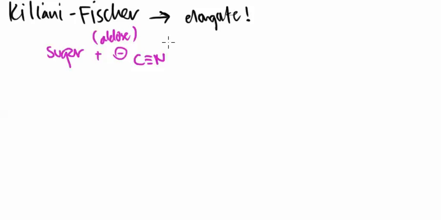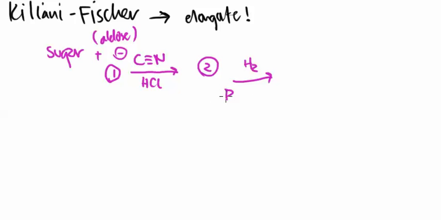And we add nitrile in an acidic environment. So most of the time this acidic environment is hydrochloric acid. So this is kind of step number 1, nitrile and hydrochloric. Step number 2 is a hydrogen addition with palladium and BaSO4, barium sulfate.